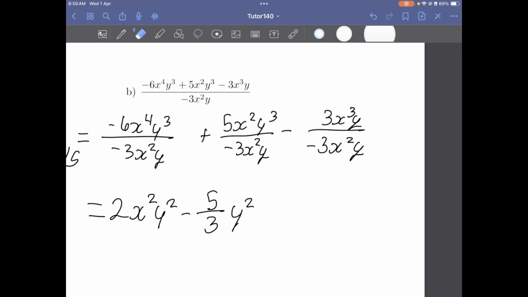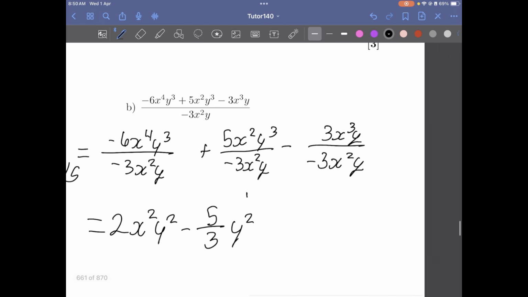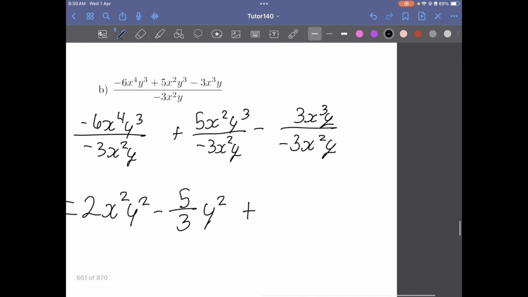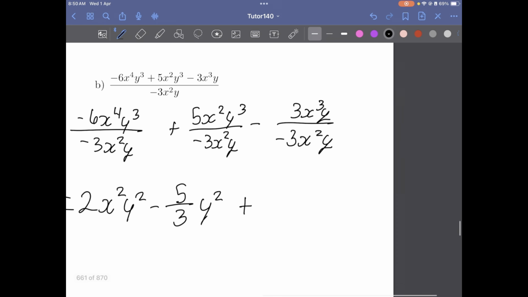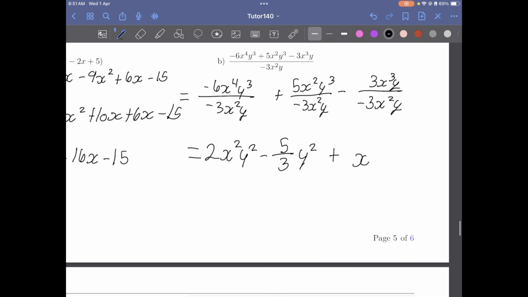Negative times negative is a positive, so plus 3 divided by 3 is 1. X cubed divided by x squared is x. Y divided by y is 1. So your final answer would just be 2x squared y squared minus 5 over 3 y squared plus x.